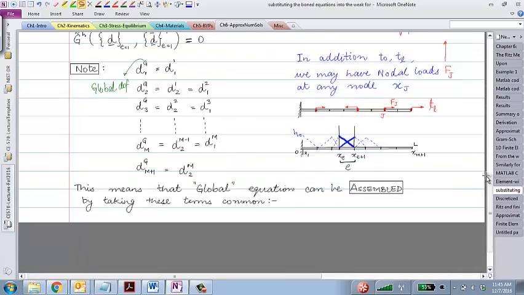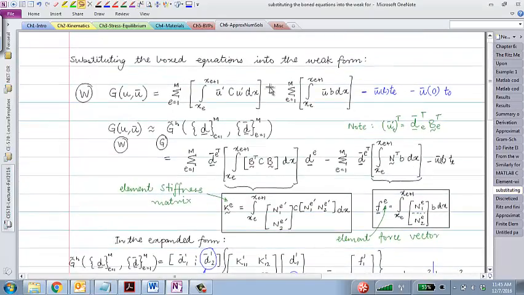What we'll do next is substitute those approximations into the weak form that we had written out. This is the PVW weak form, where the integrals are done over each element, and the result is summed over all of the elements.